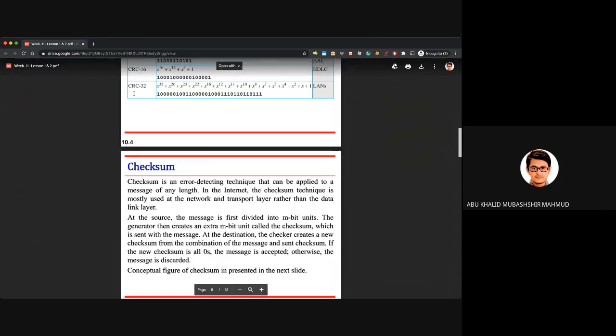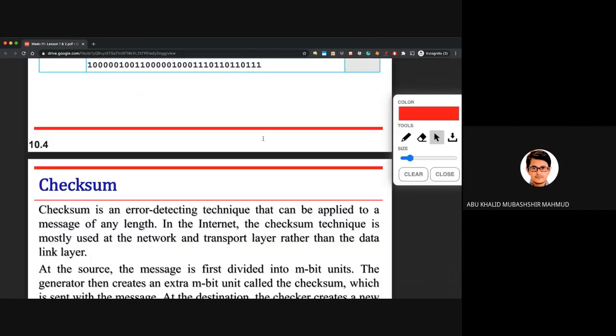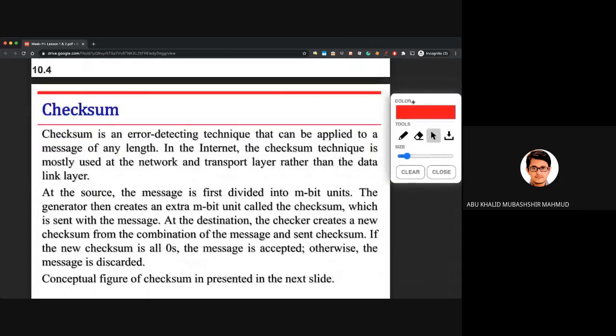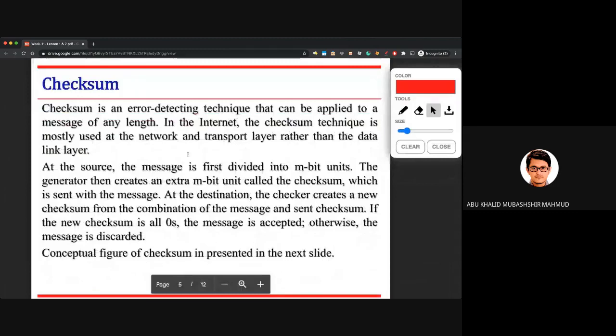That is, for 32 bits we have to use the CRC 32 technique and so on. But the checksum technique can be applied to a message of any length. In the internet, the checksum technique is mostly used at the network and transport layer rather than the data link layer.